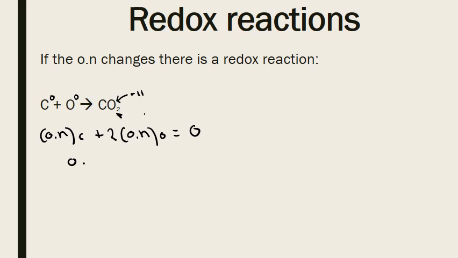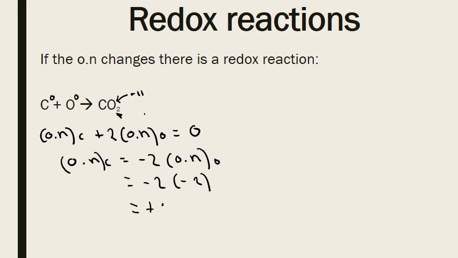We have to rearrange the equation to make carbon the subject. We then do substitution. We know that the oxidation number of oxygen is -2. -2 times -2 is +4.